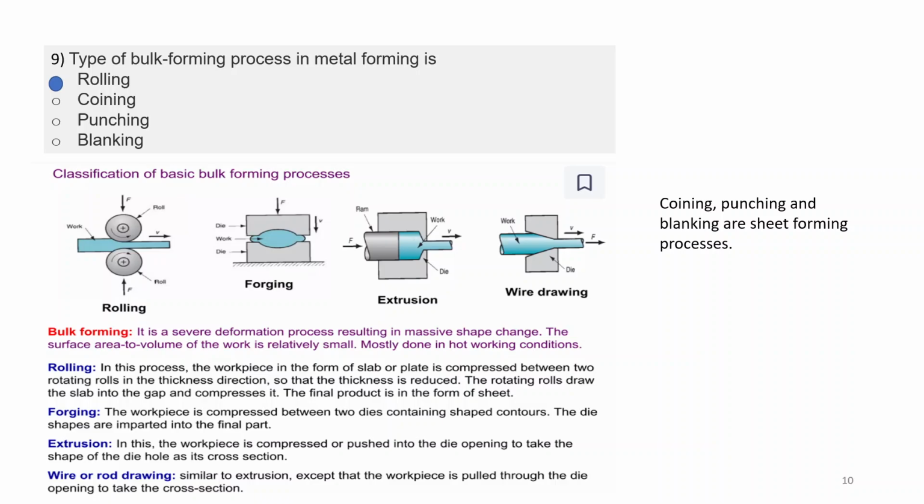I don't know which process you are talking about because I have not heard that. You just check which process it falls in, like bulk forming or sheet metal forming, and you can read the definition, and then based on that you can decide which one it will be under, bulk forming or sheet metal forming.